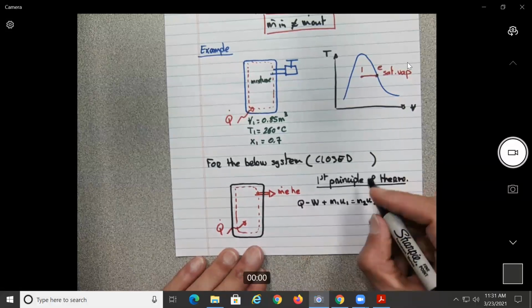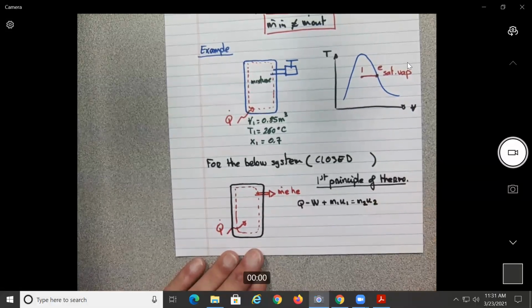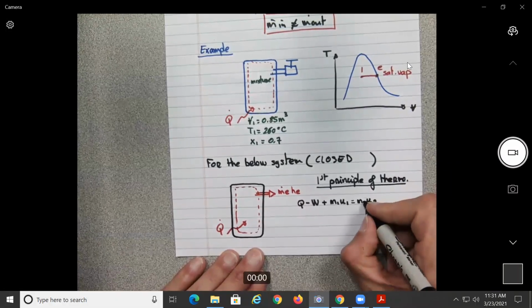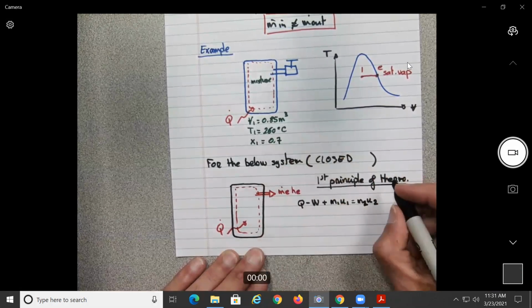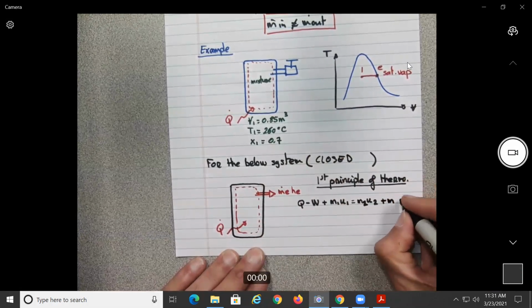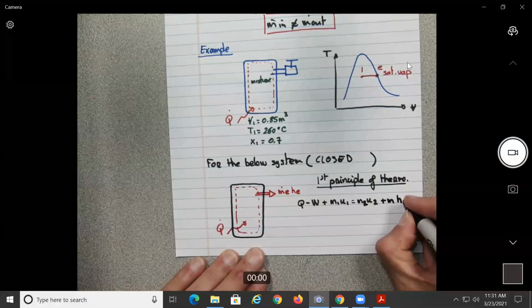Now, if this is closed, it should be 1. Let me check here. No, it should be 2. Should be different. Okay. Now, what else is leaving from the system? Plus M H sub E. But now, what is the problem?